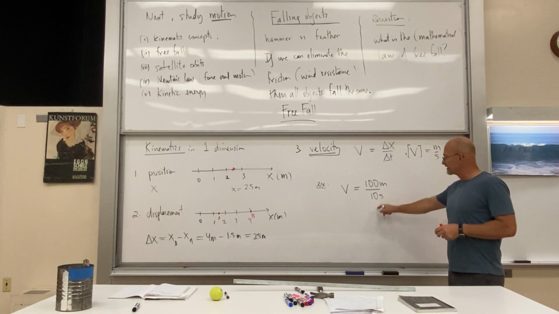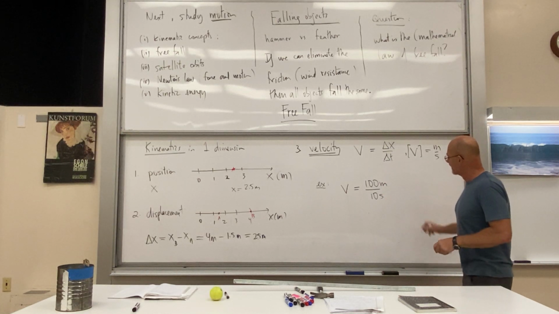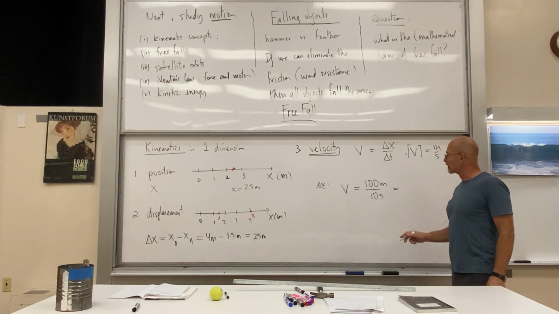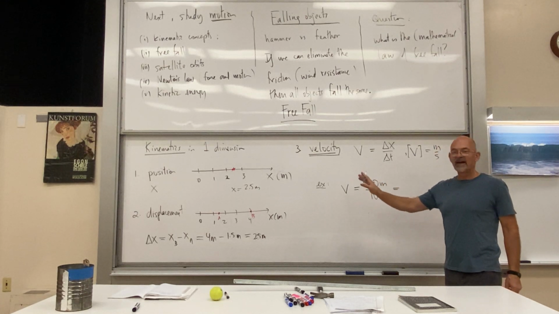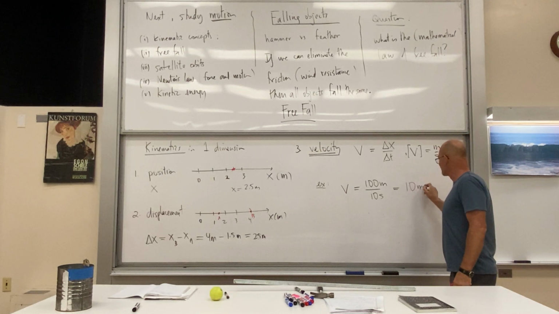And 10 seconds is roughly the world record. It's 9.8, 9.9 something, close to 10. And so this gives us a good approximation of how fast the fastest runners can run, which is about 10 meters per second.